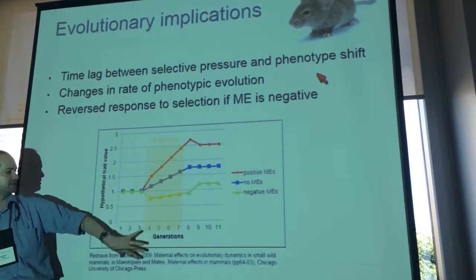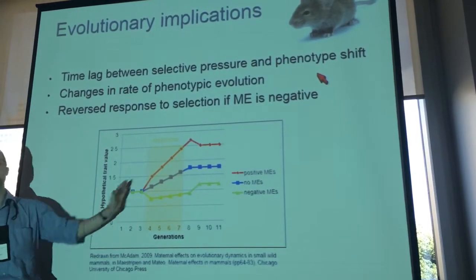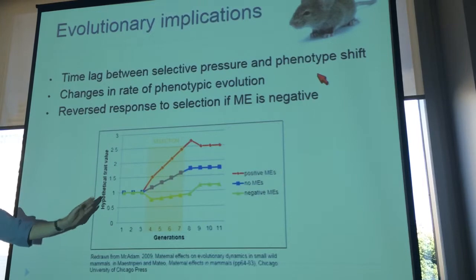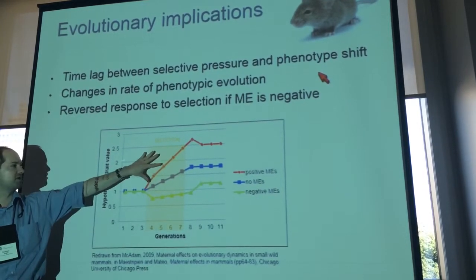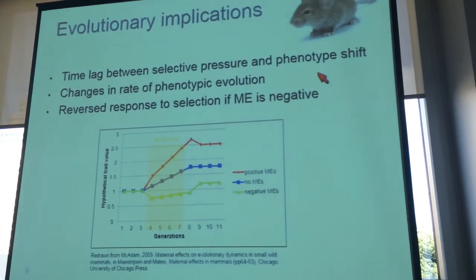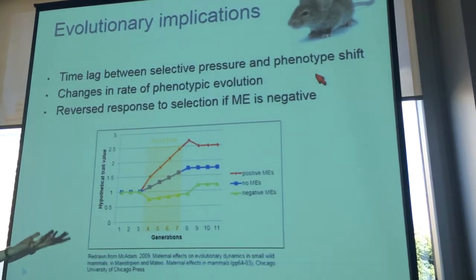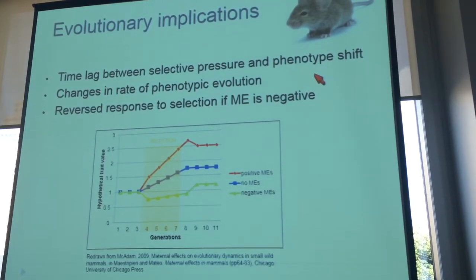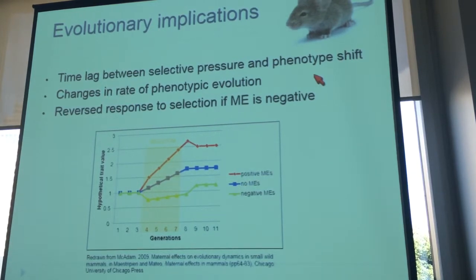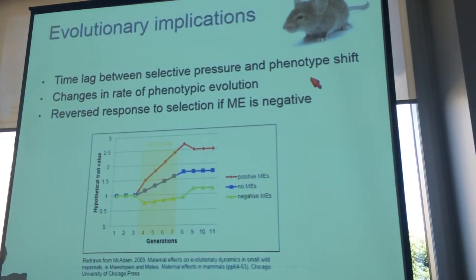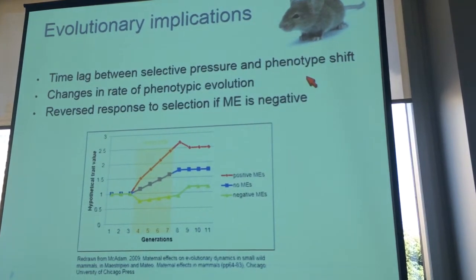We've got a period of selection here of 5 generations. We see this is the predicted relationship between genotype and phenotype. But if we're having positive or negative indirect genetic effects, we see there are profound differences in the genotype-phenotype relationship.